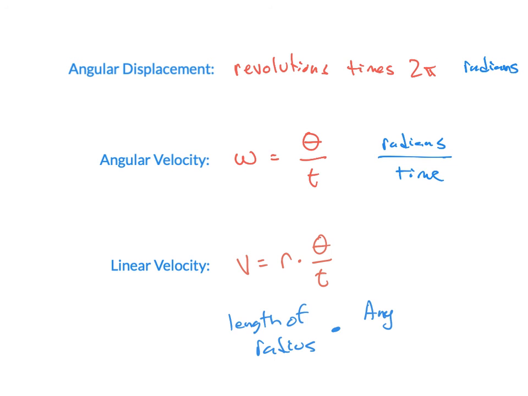It's probably terrible every day, but it's extra terrible today. Length of the radius times the angular velocity. And those measurements vary, but something like miles per hour or meters per second, some linear measurement over time. Now remember, when you're doing linear velocity in particular, you may have to use some dimensional analysis to get the correct units that the question is asking for. And I can help you with that as you practice these.